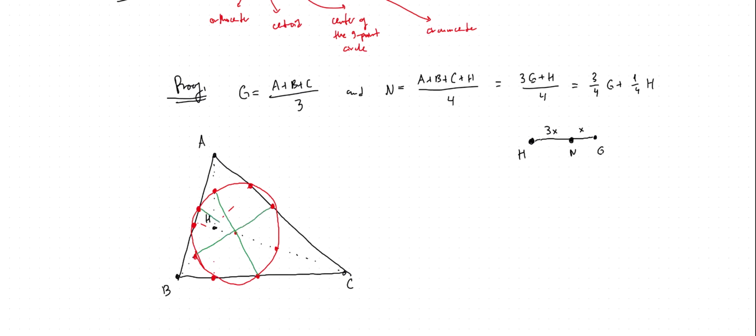So this is N. But let me not show the diameters to not complicate the picture. Okay, maybe I can show it like this. And where is G? G is here, which is on these medians. See, this is the midpoint. So for example, this is a median. This is a median.